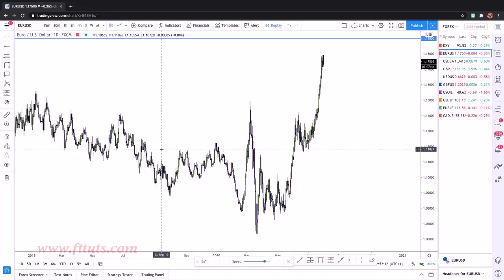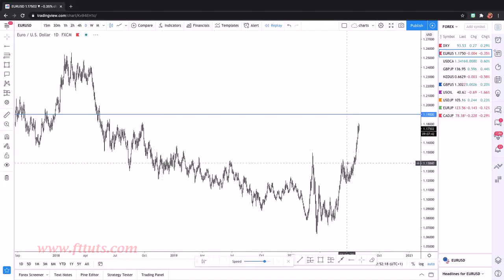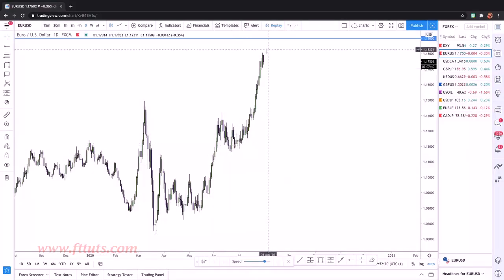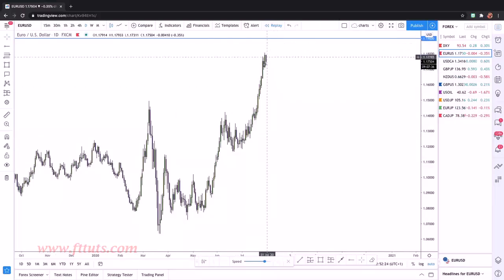Daily looks like this. Okay, so this has been in an uptrend for quite some time now. Can it go to 1.19? Yes, for sure, because it's bullish on higher time frames. It does need a correction though, so that's kind of what we're watching for here.